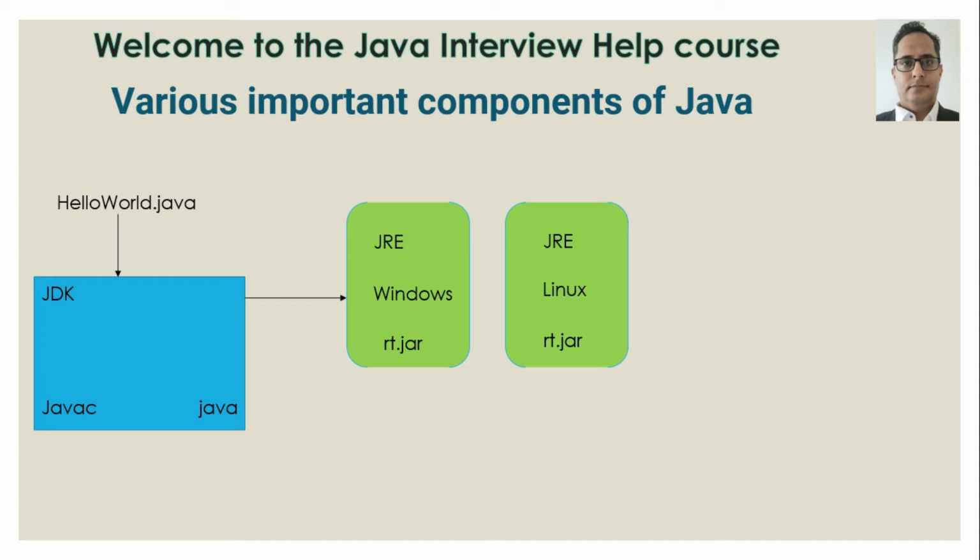When we compile the Java program, the Java compiler will convert the Java class into bytecode, not into the machine code which the underlying operating system understands, which makes Java platform independent.